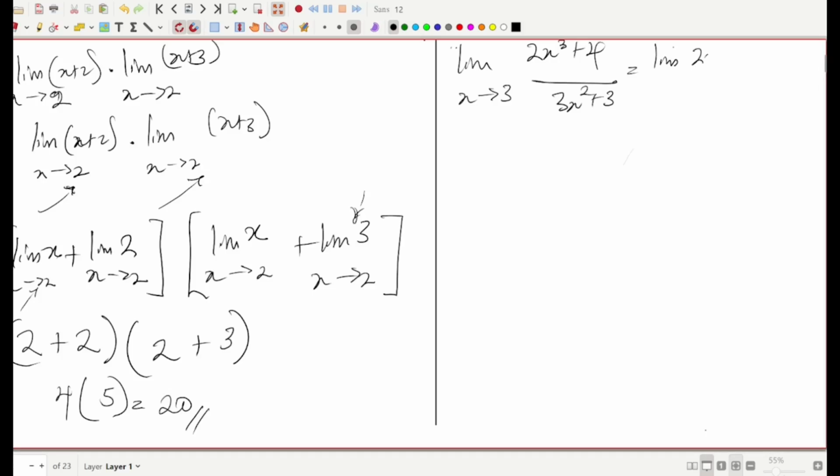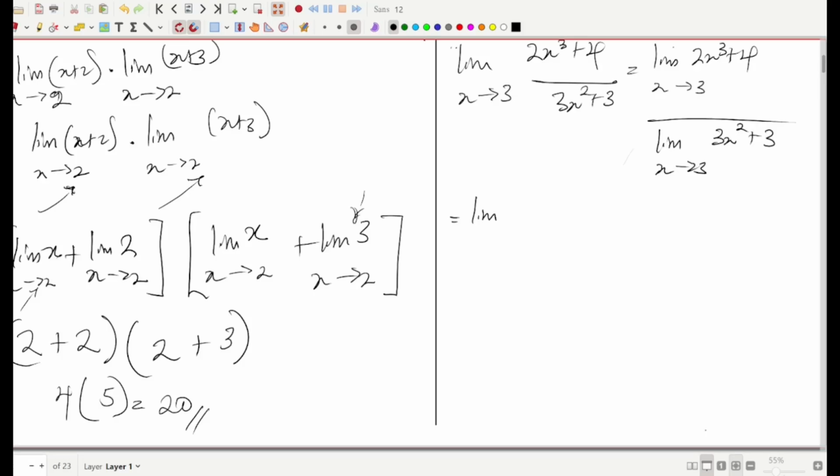limit of 2x cubed plus 4 as x approaches 3 divided by, we are applying the quotient rule, limit as x approaches 3 of 3x squared plus 3. Now for the first part, we can apply the sum rule there.